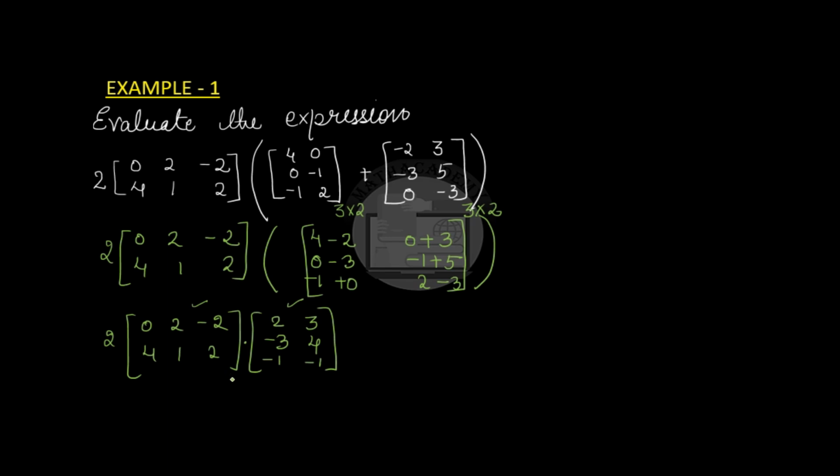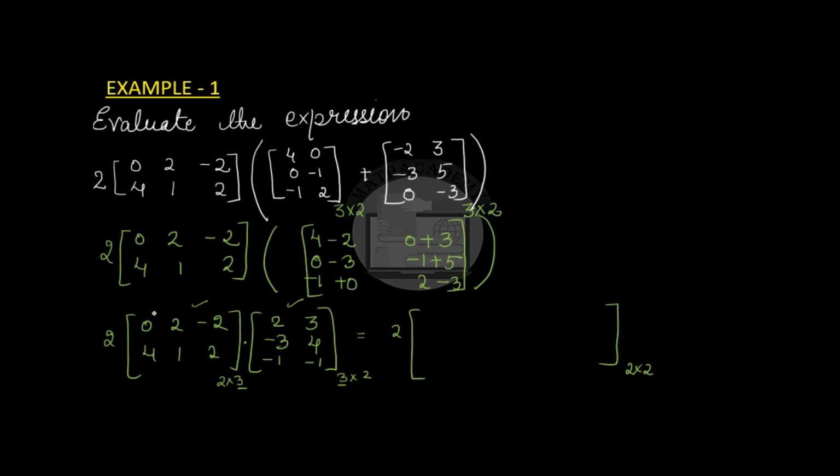So let us first check the order, whether the multiplication is possible. This is 2 rows and 3 columns, and this is 3 rows and 2 columns. The inner orders are equal and hence we can perform the multiplication, and the resultant matrix will be a 2 by 2 matrix, correct?